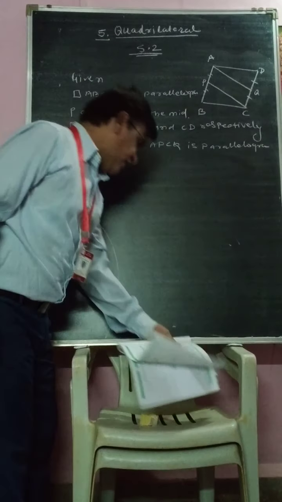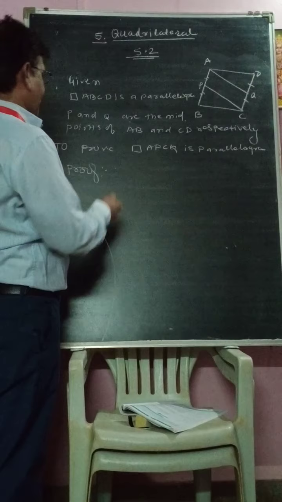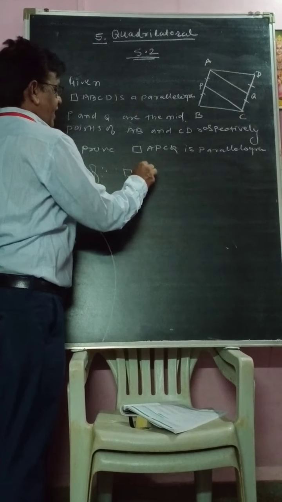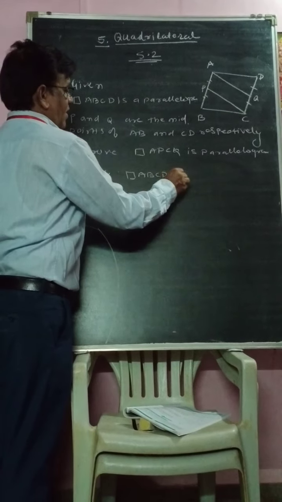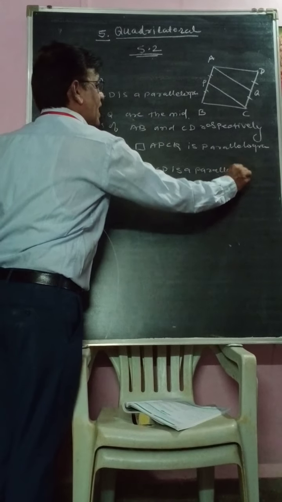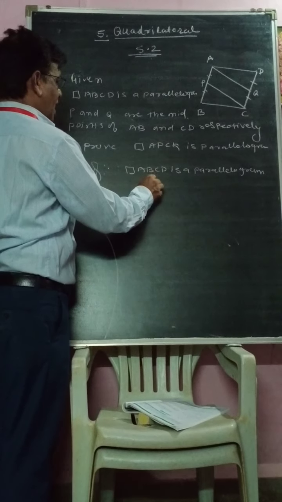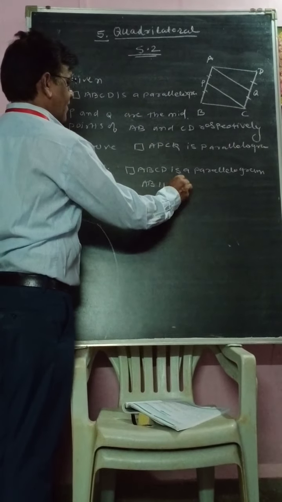We already know that quadrilateral ABCD is a parallelogram. Therefore, you can say that AB is parallel to CD.